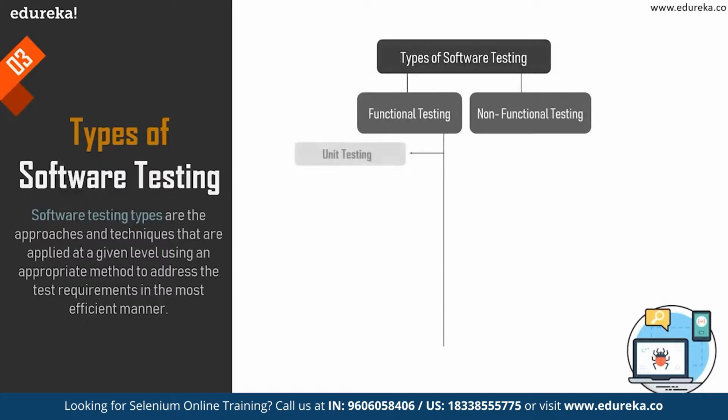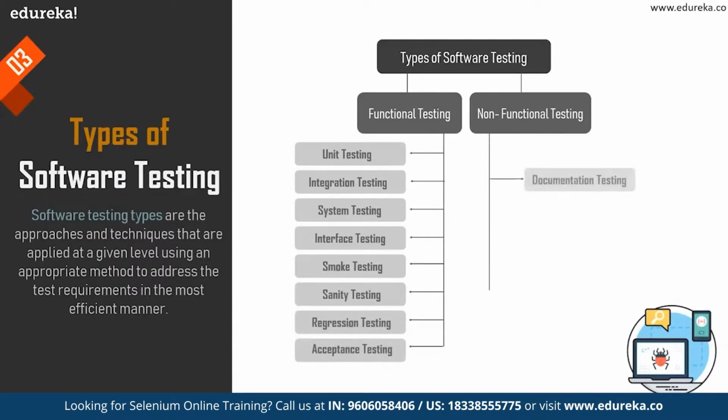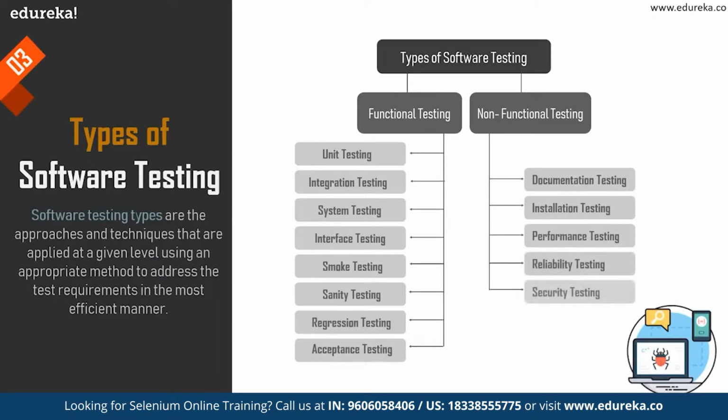Under functional, we have unit testing, integration testing, system testing, interface testing, smoke, sanity testing, and many others. Coming to non-functional testing, we have performance testing, security, reliability, and many other things. So each of these testing types that you can see on the screen have their own purpose and importance. Based on the requirements of your testing, you should choose the one which suits your category.